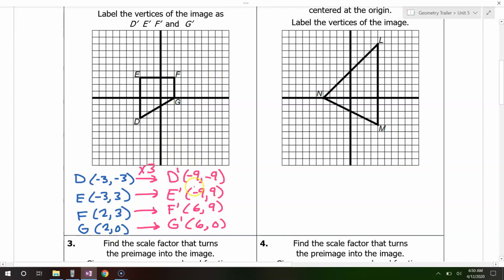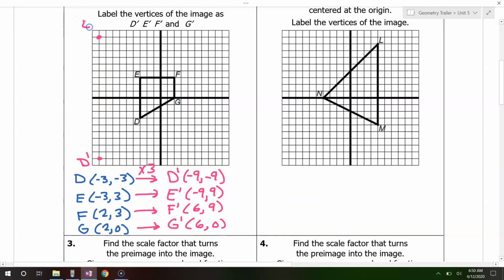So now I'm just going to plot these points. -9, -9. I should count and make sure. 1, 2, 3, 4, 5, 6, 7, 8, 9, 10. That's what I thought. So -9, -9 will be right here, D prime. -9, +9.